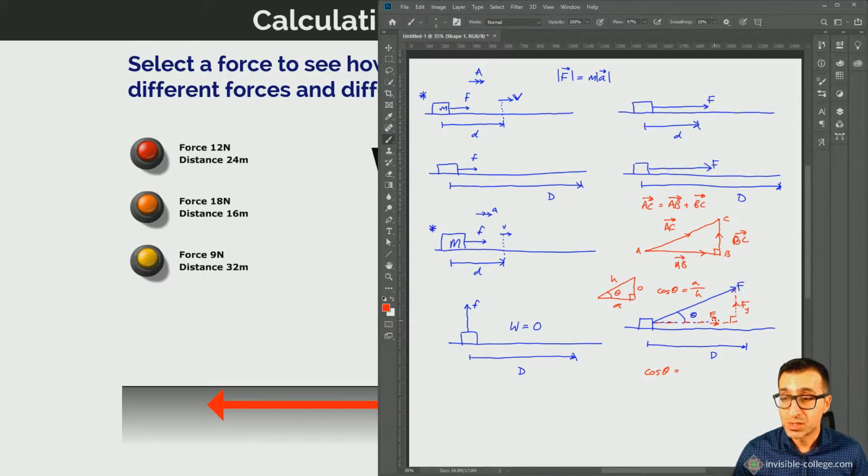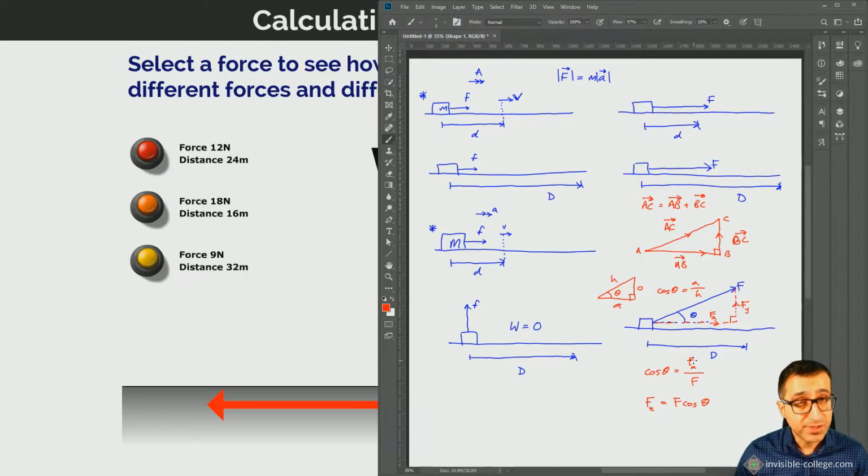So we're interested in this one. The cosine of theta by trigonometry is the horizontal component of the force vector divided by the magnitude of the force vector itself, the hypotenuse. If we rearrange this equation to find an expression for the horizontal component, we find that f sub x equals the full magnitude of the force multiplied by cosine theta.